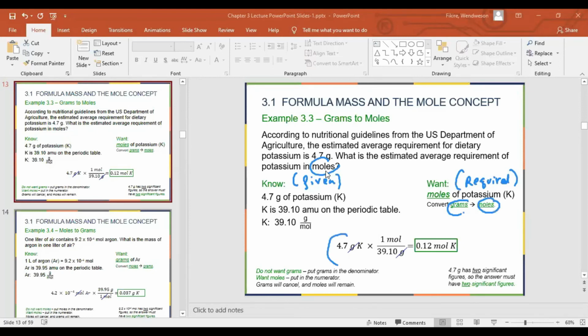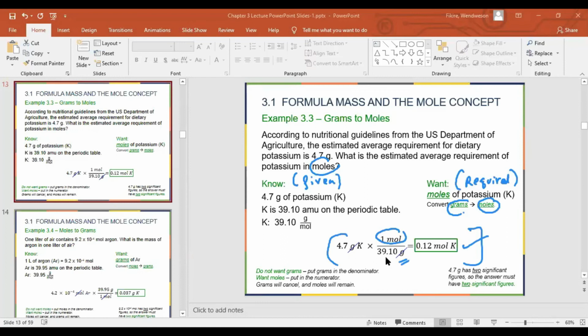So here is the conversion factor. 4.7 grams is given. You multiply that by 1 mole divided by 39.10 grams. Always the unwanted unit has to be on the bottom, and the desired unit has to be on the top. So you end up with 0.12 moles of potassium.